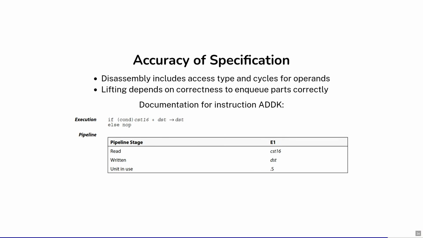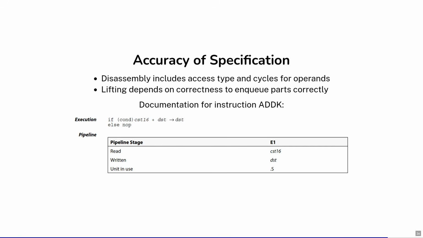And with this approach, I had a problem with one specific instruction. This is an instruction that simply adds a 16-bit constant to a register, nothing complicated. But I relied on the output of my disassembler that also provided information about the access types and the cycles where these accesses occur for each instruction and for each operand.